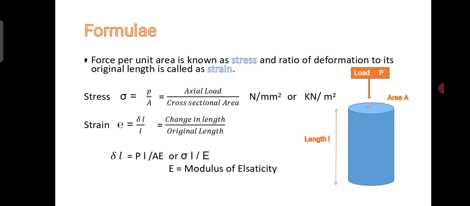That Newton per mm square is also known as the megapascal, MPa. Sometimes it is denoted by kilonewton per meter square, known as GPa, gigapascal.